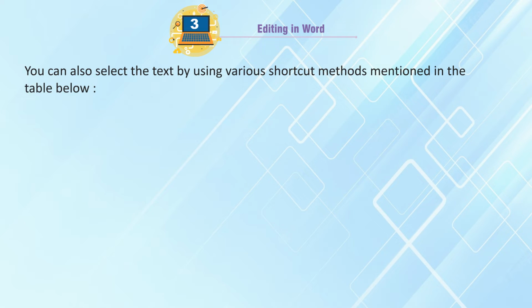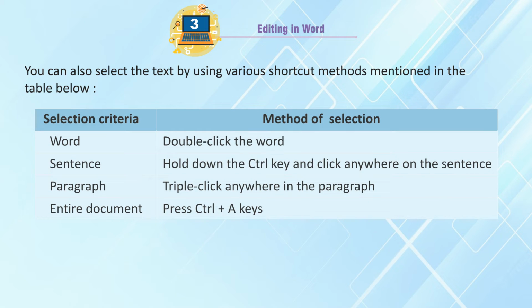You can also select the text by using various shortcut methods mentioned in the table below. Selection criteria: word, sentence, paragraph, entire document. Method of selection: double-click the word, hold down the Control key and click anywhere on the sentence, triple-click anywhere in the paragraph, press Ctrl plus A keys.